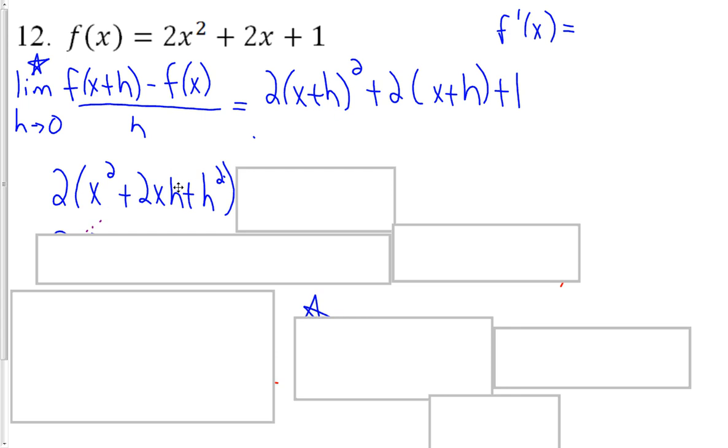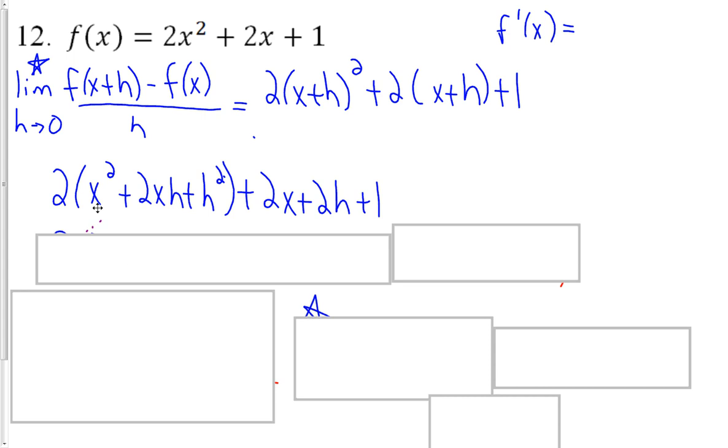You will see this a lot. x plus h times x plus h is always x squared plus 2xh plus h squared. So 2 times that quantity, plus 2 times x plus 2 times h, right? 2 distributes to both pieces, plus 1. Again, this is also a common area for mistakes. People focus on the highest degree and forget to plug x plus h in here. You need to plug it into both spots.